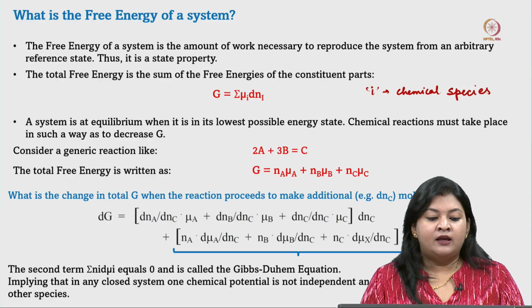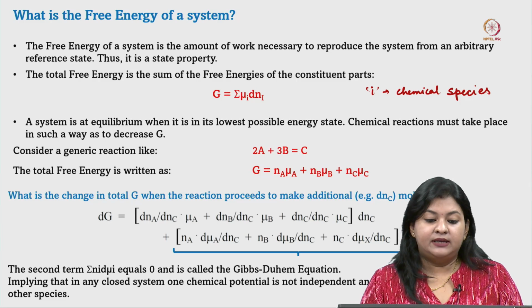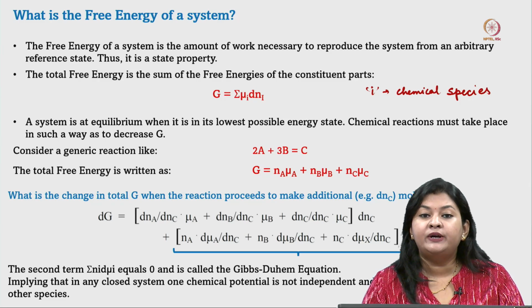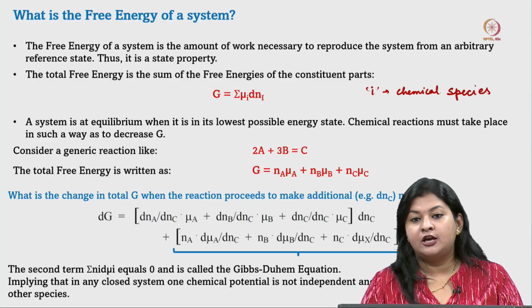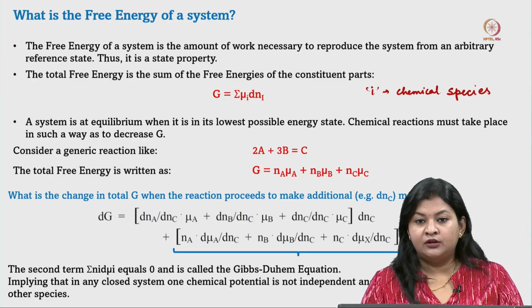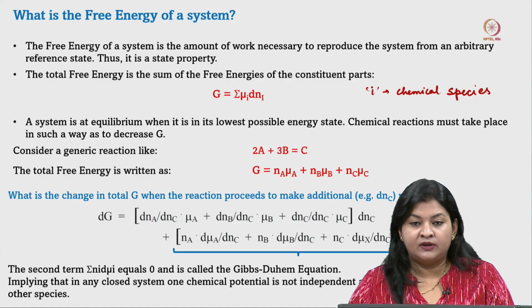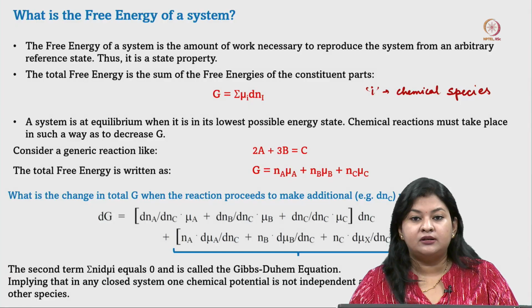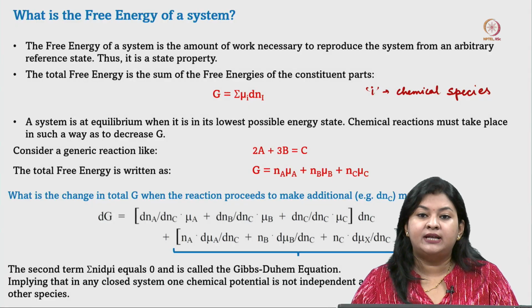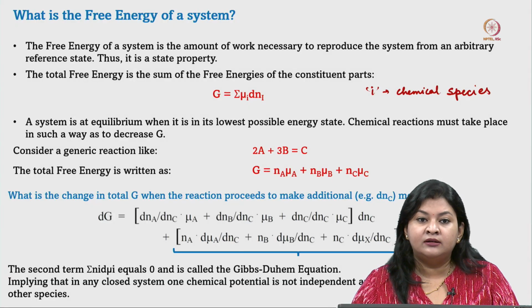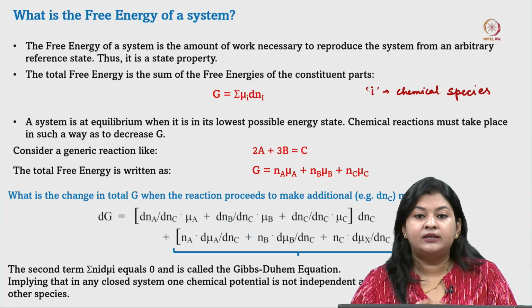A system is at equilibrium when it is in its lowest possible energy state. So, we are always moving to our lowest possible energy state. The chemical reaction has to happen such that delta G is reduced, so the G value should get reduced.